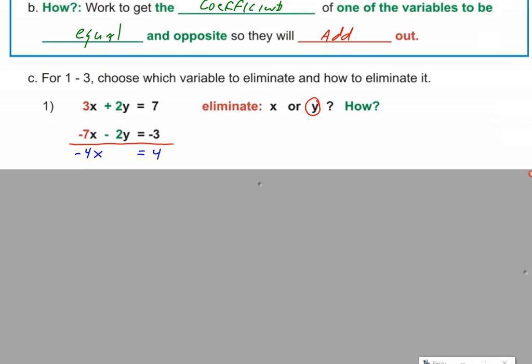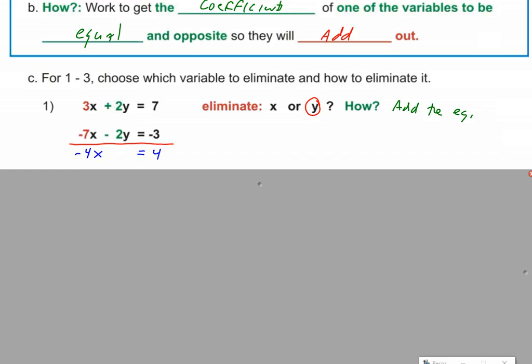You can figure out the y value. Okay, we're not finishing the problem. My purpose right now is just to get you to remember and understand how to begin the problems. So when I looked at those y's, I said, oh, wow, they're already equal and opposite. They're all ready to add. So how do you do it? Just add the equations. They're already ready to go. Is it always going to be that nice and handy? No.